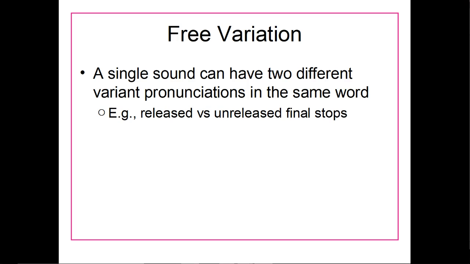So sometimes we might have aspiration, we might not have aspiration. And in some words, this is just kind of random versus being patterned, like we saw with the aspirated P. So that's just one thing to remember. Free variation isn't something we'll be too concerned with, but it is something that does happen.